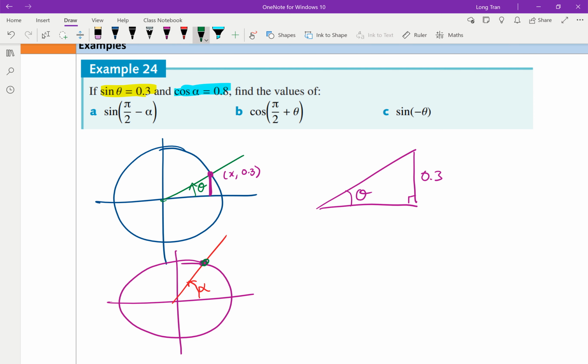I now know the x value because cos represents the x value, which is how long it is down here. They're just telling me that the x value is 0.8, and I don't know what the y value is. So all they're trying to tell you is that when the angle is alpha, you will have 0.8 for this triangle. That's it.